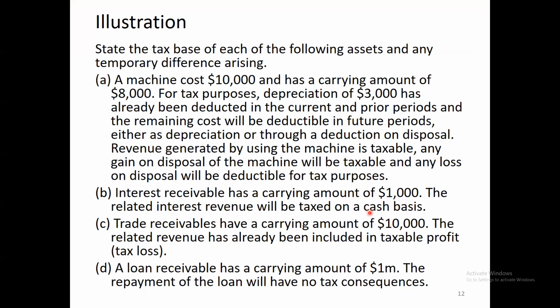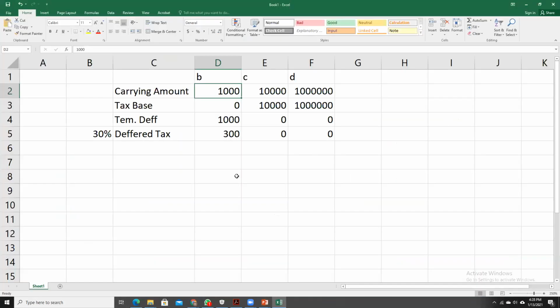When we do it in Excel, assume that profit is, say for example, 100,000. And here revenue, interest revenue, how much receivable? 1000.